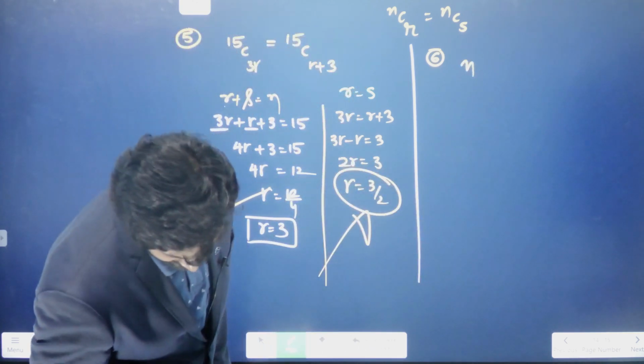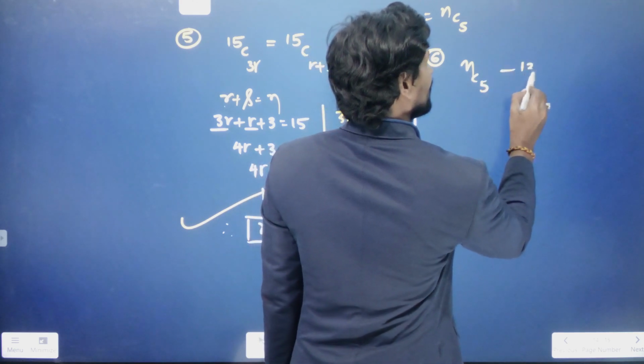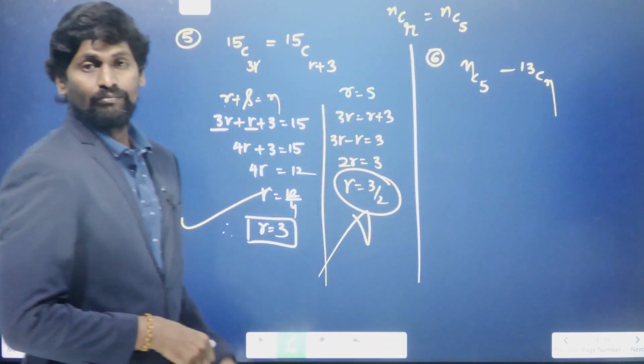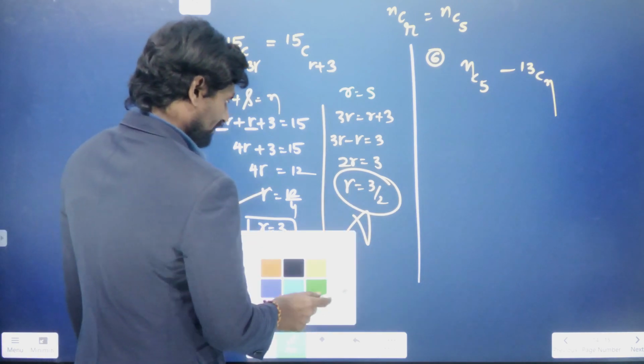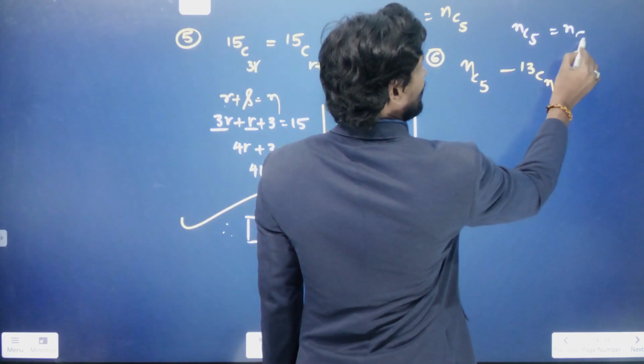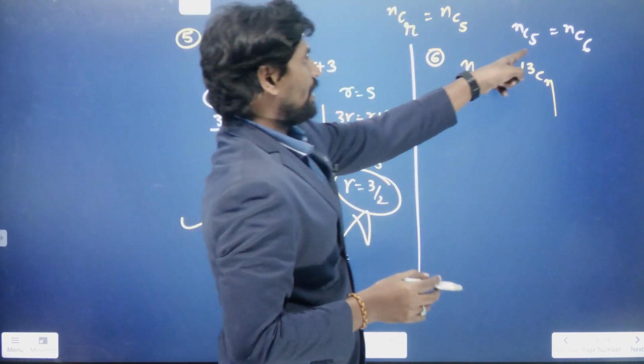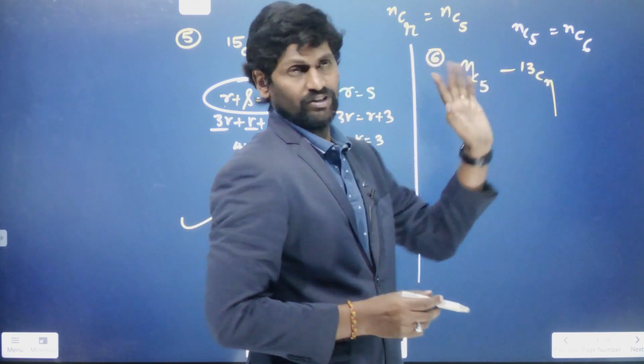So what we have to find here is NC5 minus 13CN. From the given condition NC5 equals NC6, R plus S is equal to N, so 5 plus 6 is N, and N value is 11 we got.